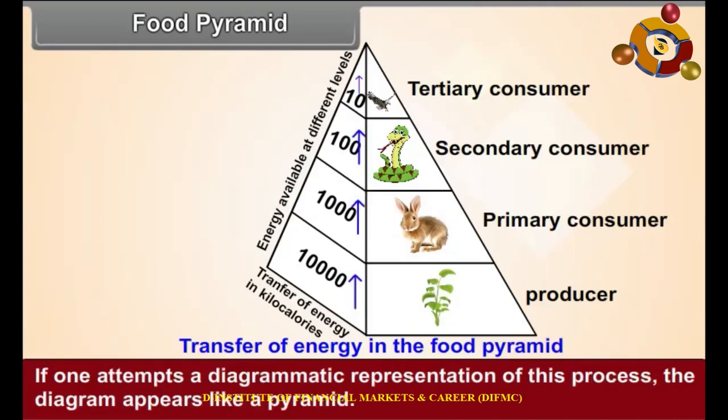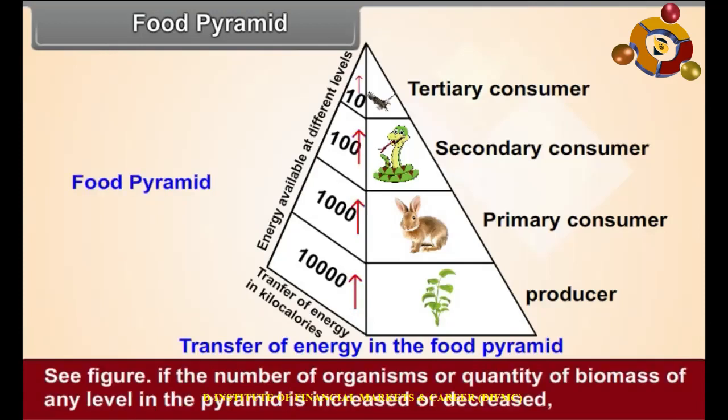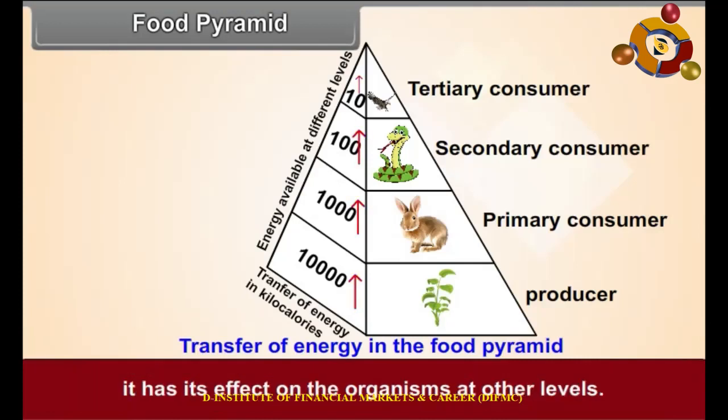If one attempts a diagrammatic representation of this process, the diagram appears like a pyramid. It is called food pyramid. See figure 11.4. If the number of organisms or quantity of biomass at any level in the pyramid is increased or decreased, it has its effect on the organisms at other levels.